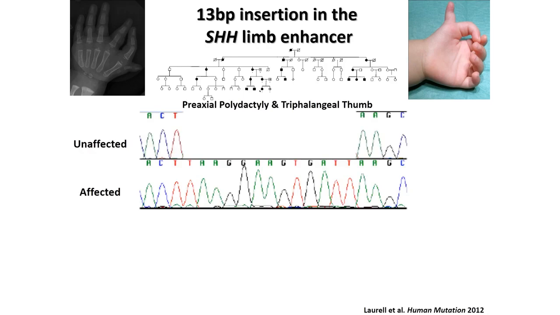We found that all affected individuals had a 13 base pair insertion in the enhancer compared to the unaffected individuals, which for me was a bit surprising, as I was expecting a 13 base pair insertion to lead to a much more severe phenotype than a point mutation, yet what we got was a similar phenotype to the point mutation.